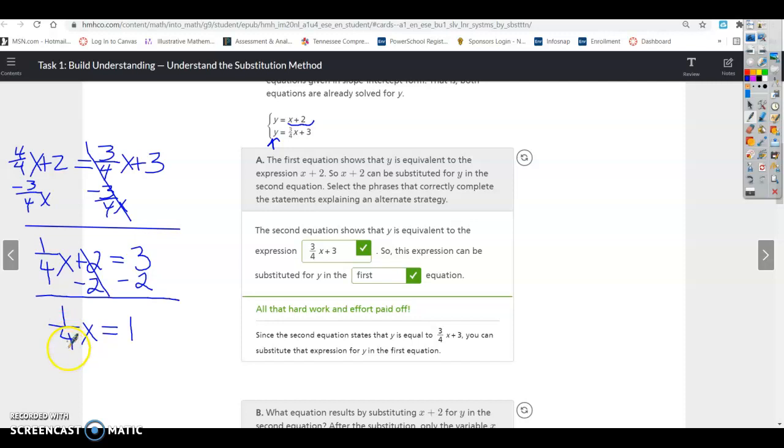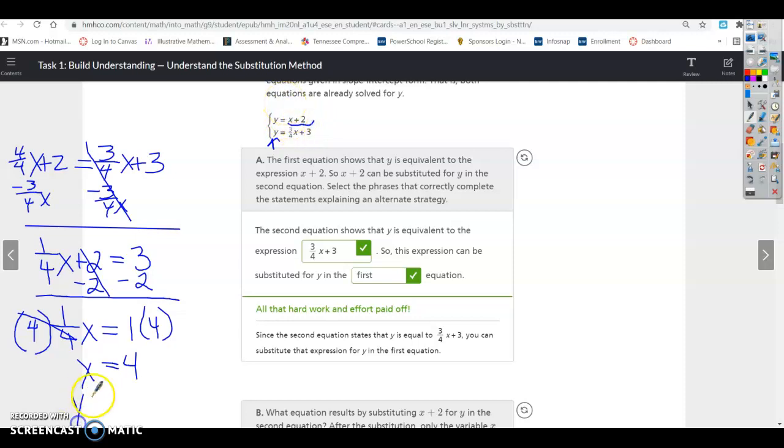And then to get rid of that 1/4, we're going to multiply by the reciprocal. If you multiply by the reciprocal of 1/4, that's 4/1, which is just 4. So 4 times 1/4 is 1, so we have x equals 4. Once you find x, you could plug that back in: x plus 2 equals y.